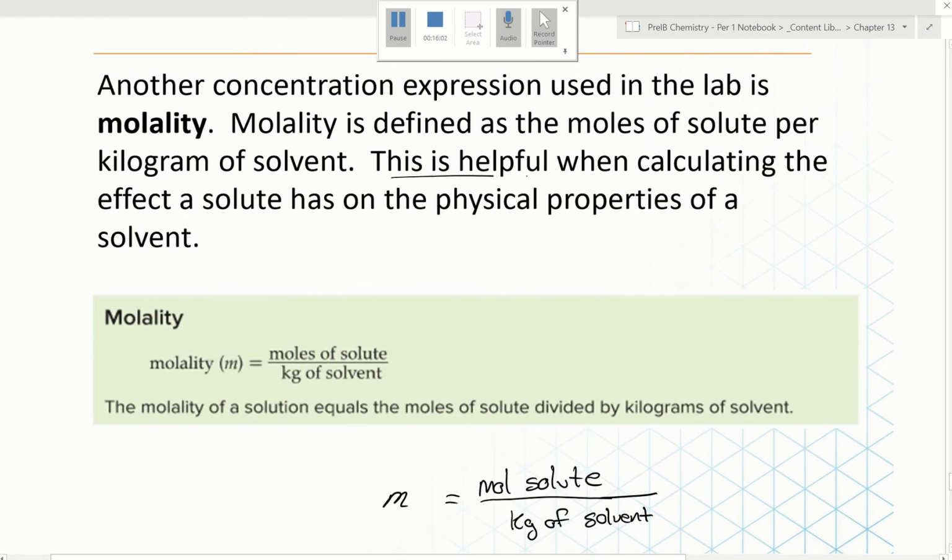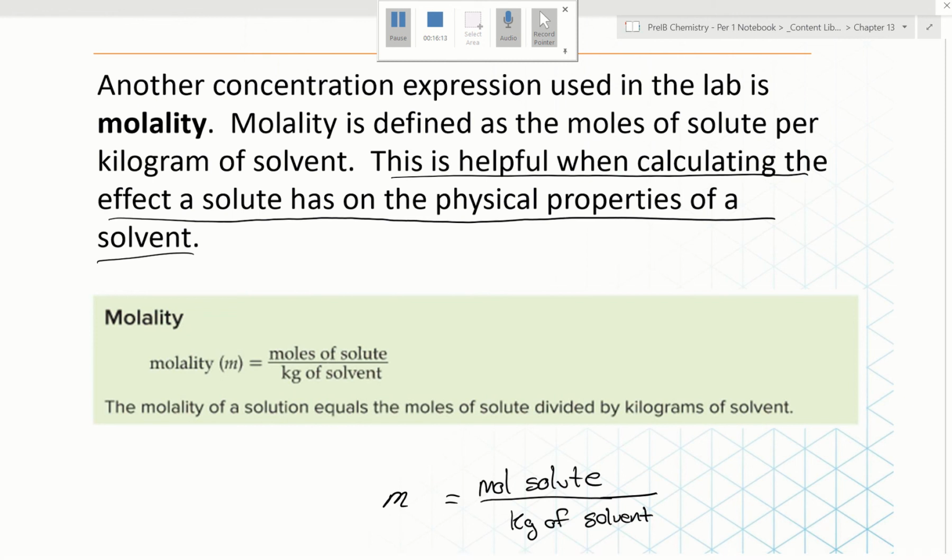And so this concept is helpful when calculating the effect a solute has on the physical properties of a solvent. So if you ever made homemade ice cream in an ice cream maker, you probably put salt in ice to get the ice to be very, very cold. That salt is the solute.